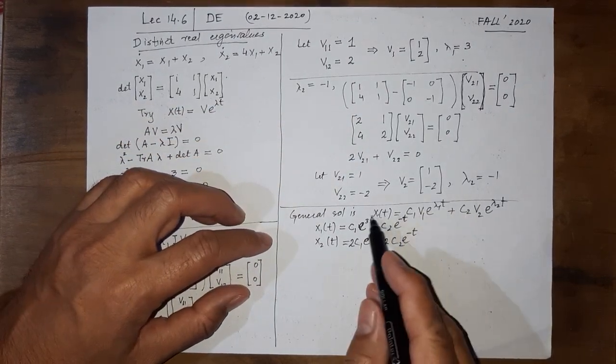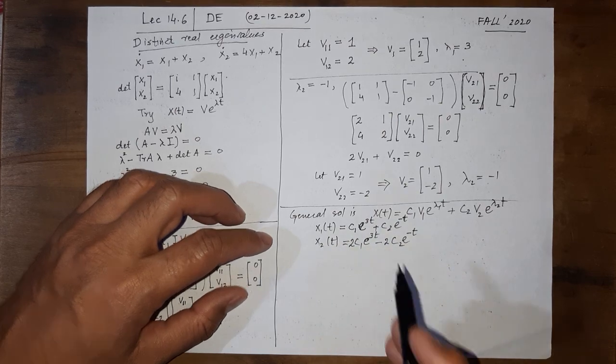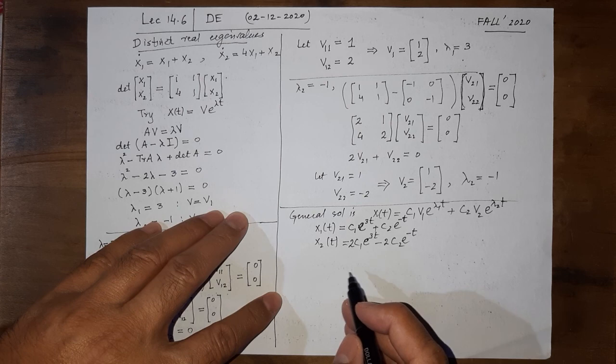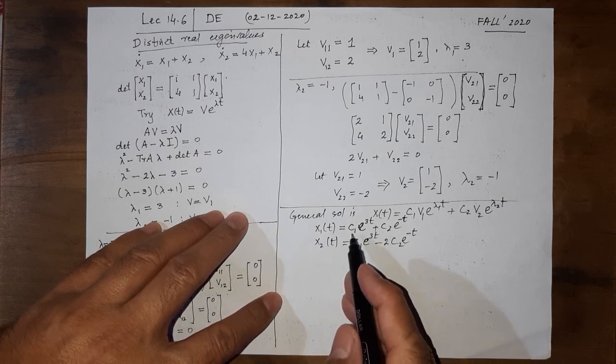This is meant by this single expression where v1 and v2 are vectors, so this is a vector, x1 and x2 can be found. However, if we now know the initial conditions, we can easily put them in here and find what c1 and c2 are.